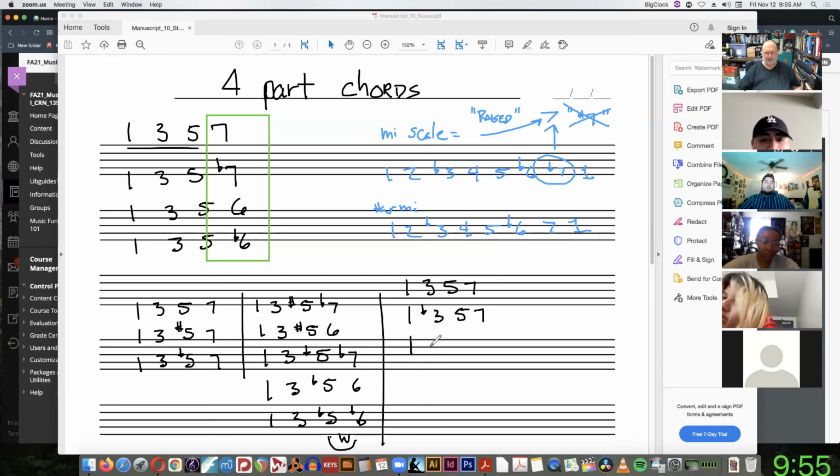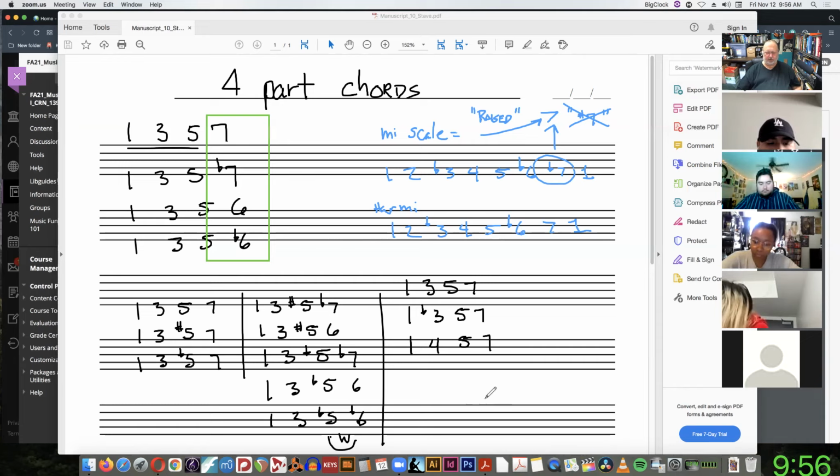And then if I go sharp 3, well, do we know what a sharp 3 ends up being? A sharp 3 is a 4, isn't it? So some academics call it an augmented third. I've seen it before, but in any case, that is not on the table. We can go 1, 4.